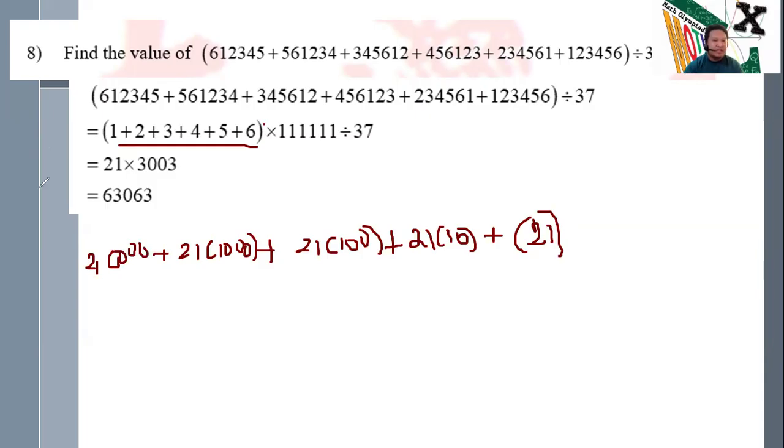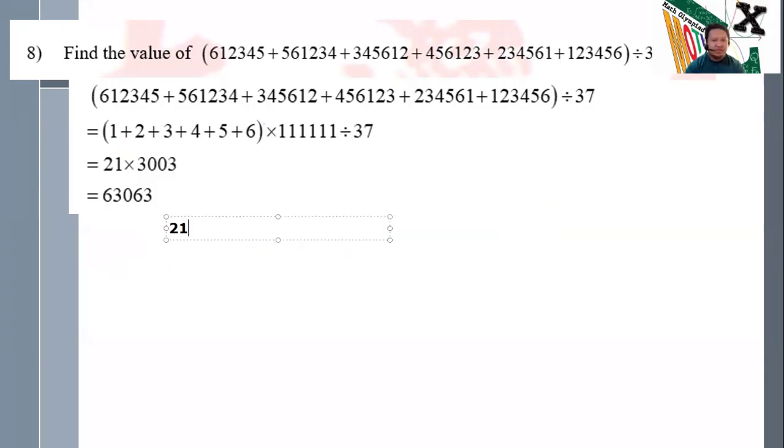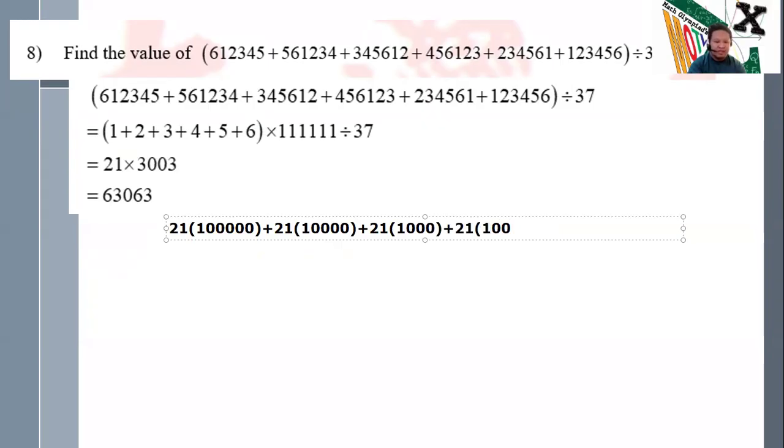So the first is 21 times 100,000 for the hundred-thousands digit, plus 21 times 10,000, because in the ten-thousands digit, if we add those numbers, they all add up to 21, plus 21 times 1,000, plus 21 times 100, plus 21 times 10, and then the ones digit, that's 21 times 1.